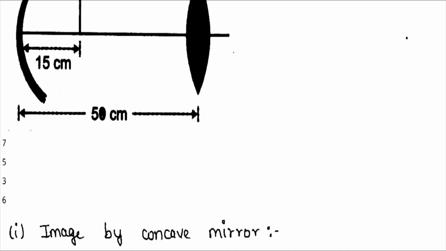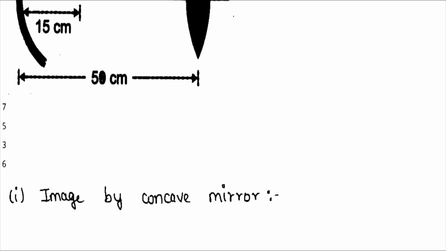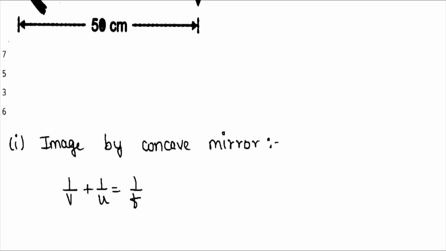We can change conventions also, but we will still get the same answer. So we know the formula: 1 by v plus 1 by u is equal to 1 by f, where f represents the focal length of the mirror. So 1 by v is 1 by f minus 1 by u.